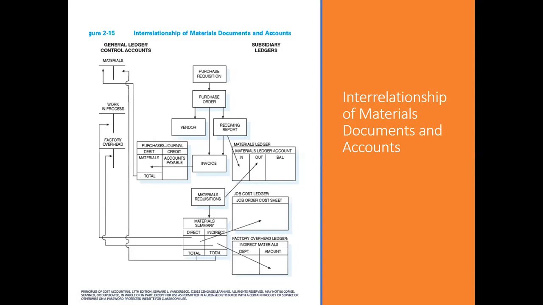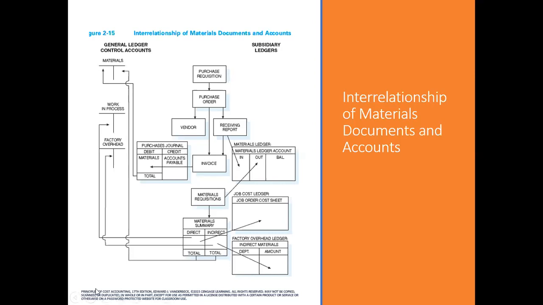And then from the factory, whether it's the production manager or whoever, they request the materials. The materials requisition then affects the materials ledger and is deducted from the materials ledger. And that's how each one of these flows to each other.